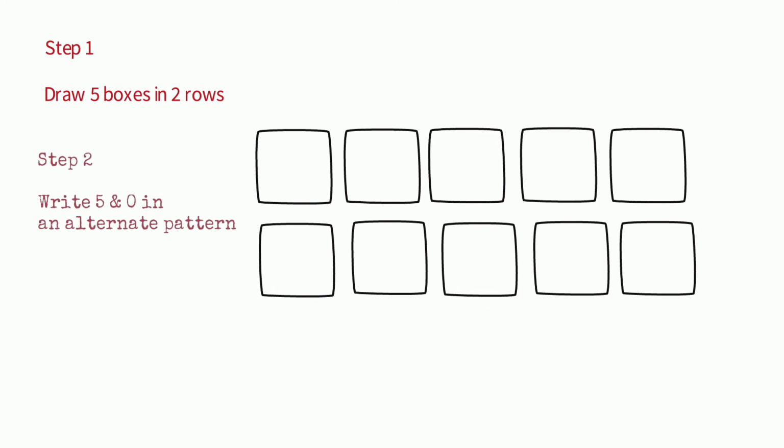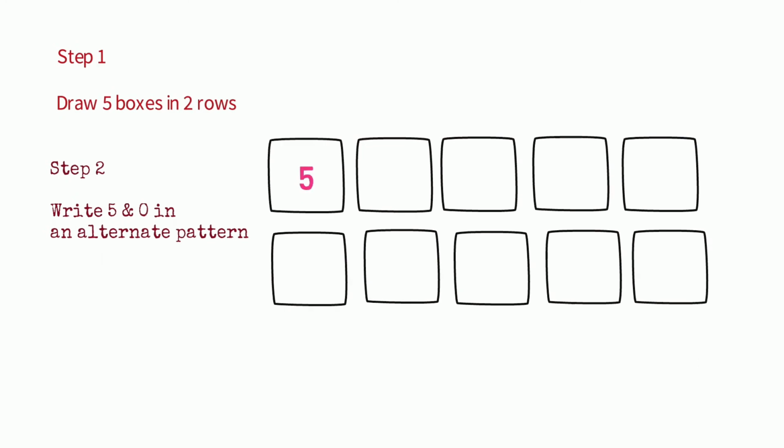Write 5 and 0 in an alternate pattern. 5, 0, 5, 0, 5, 0, 5, 0, 5, 0.